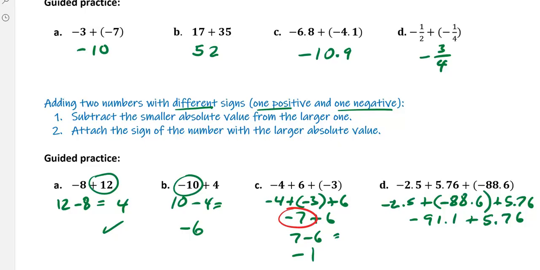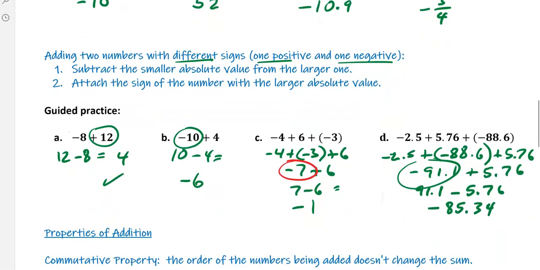Now, they have different signs, so this would actually be 91.1 minus 5.76, which is 85.34. Oh, and that one's negative, right? So the larger one is negative, so my answer is going to be negative. Okay? Different signs, subtract their absolute values, keep the sign of the larger value.